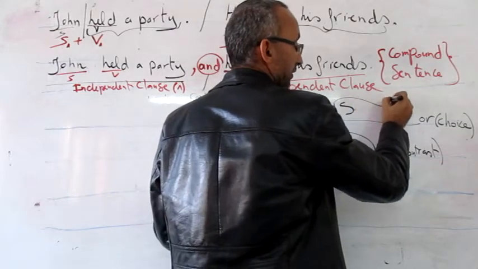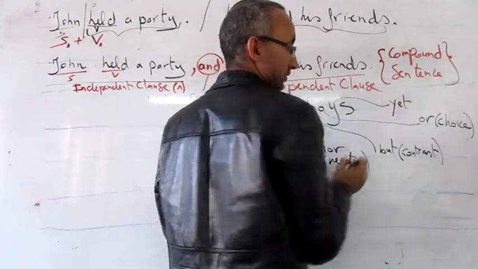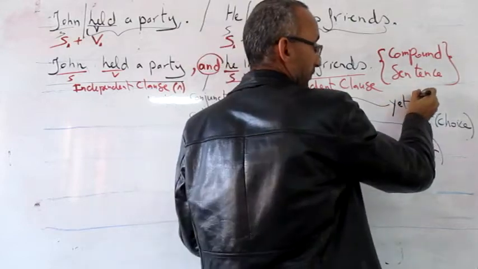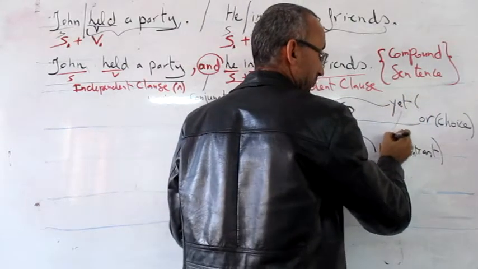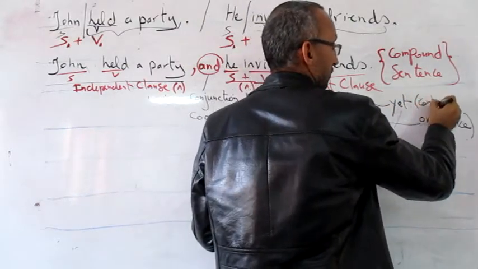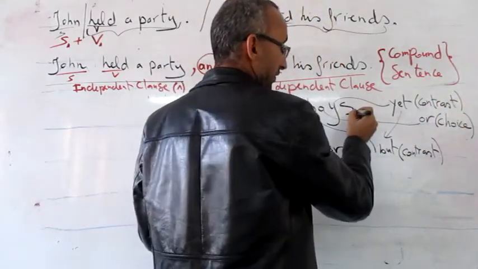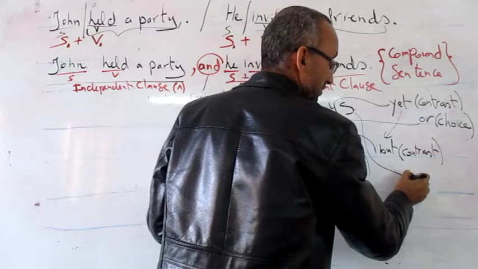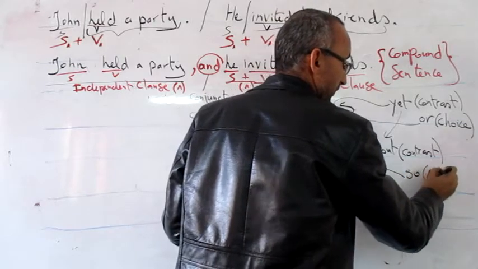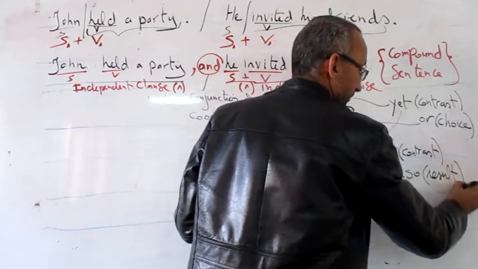Y for yet, to express contrast, like but. And the S for so, to express result.